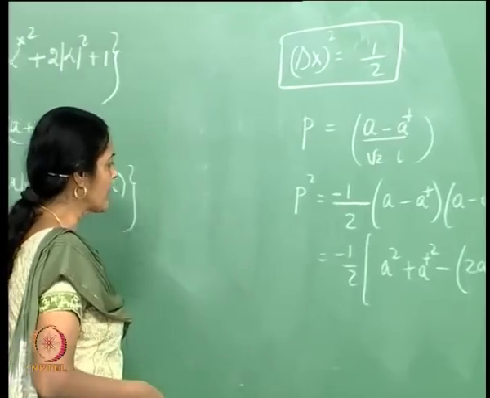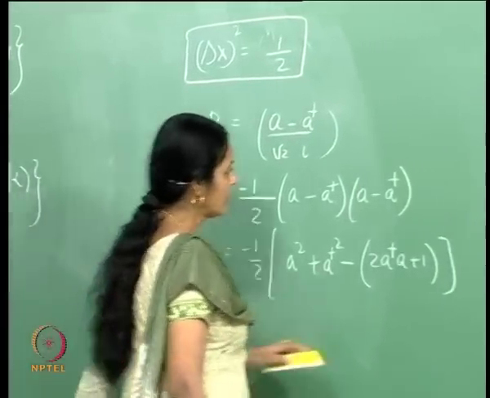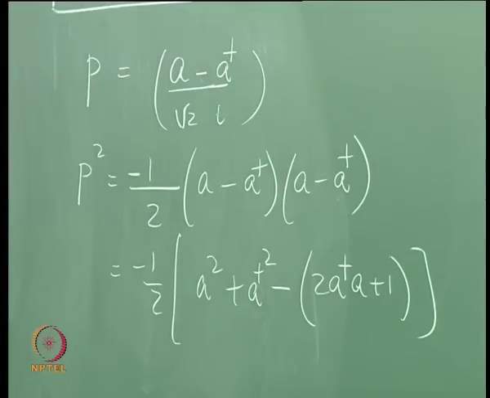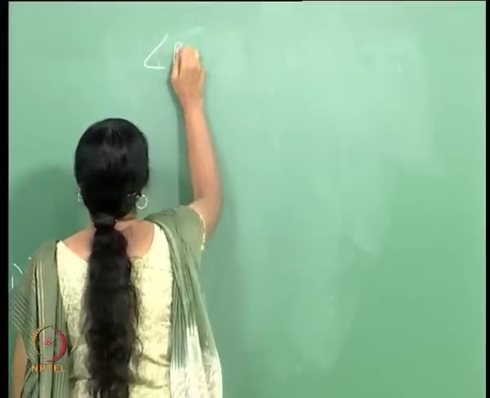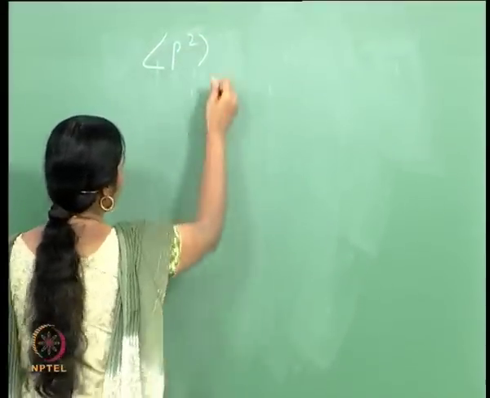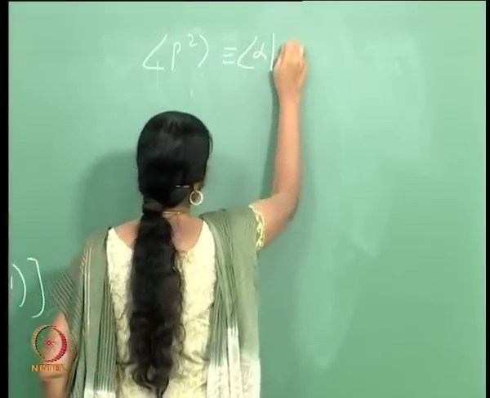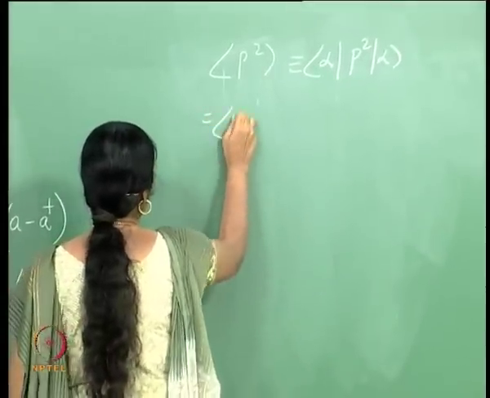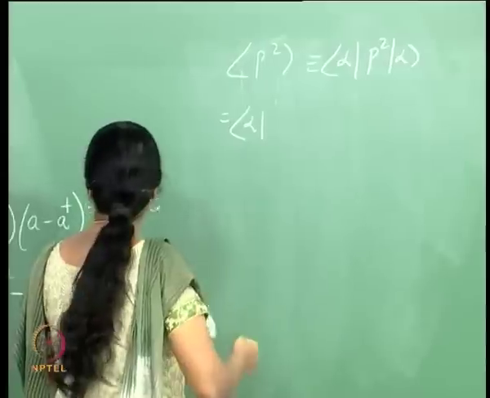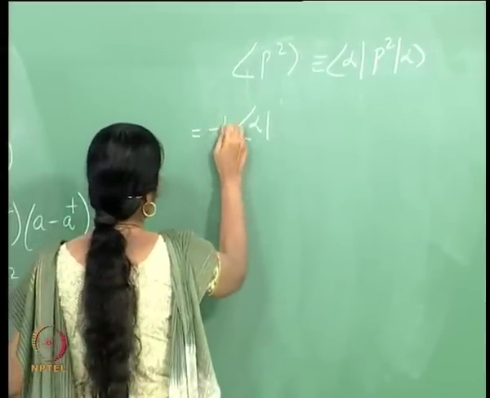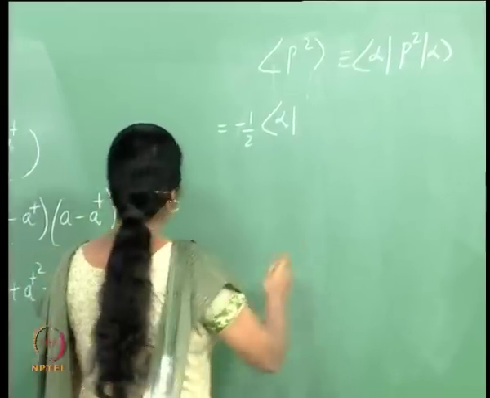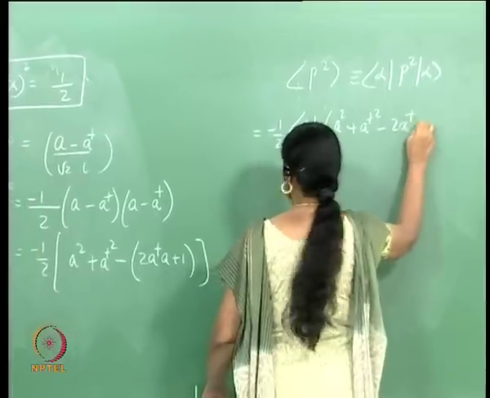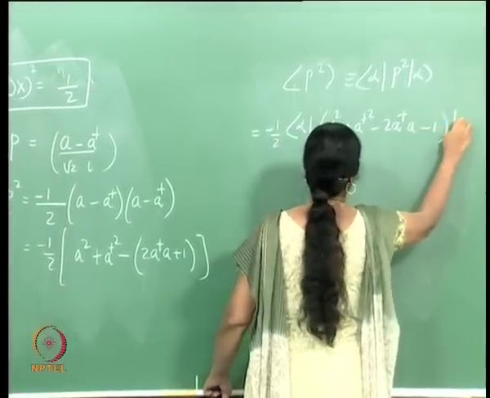I need to find the expectation value of P squared in the state alpha. So the expectation value of P squared in the state alpha is the same as this object. There is an overall factor of minus half. So that's a minus half, alpha, A squared plus A dagger squared minus 2 A dagger A minus 1, alpha.